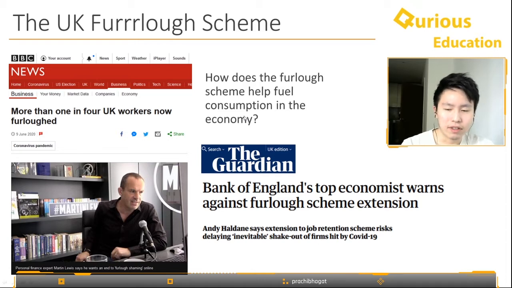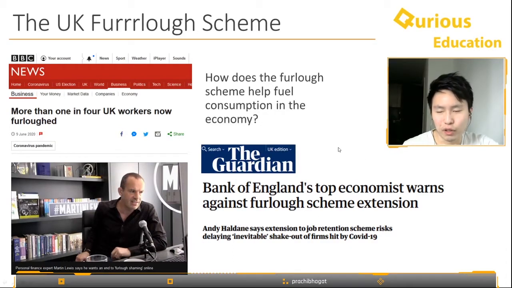Then definitely the workers would still be able to spend their money and their incomes on goods and services, which actually helps the economy because that consumption would generate demand for goods and services and revenues and profits for other businesses. So it's like a positive chain effect, if you like to think about it. So this is one of the ways which the furlough scheme can help. That's it for the furlough scheme, and we'll refer back to it later.